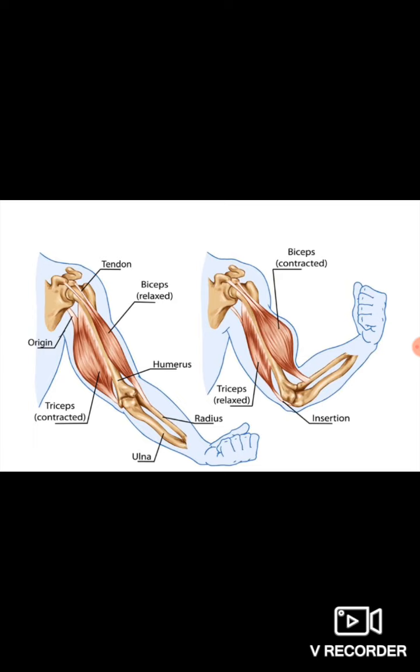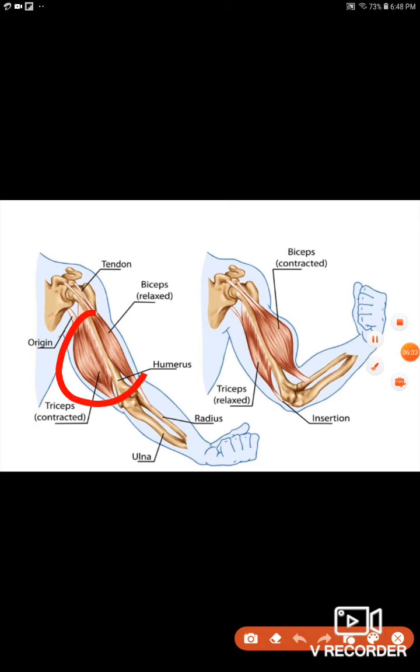So again I am telling you, as per the book, what is the definition? A structure which has been moved by the muscles cannot be returned to its original position without the action of another muscle. Here we are taking these two muscles as an example.